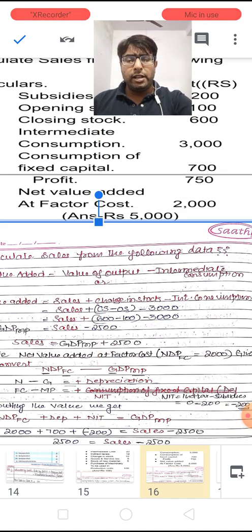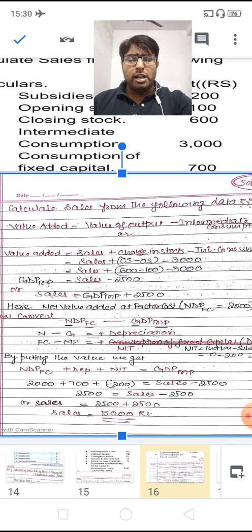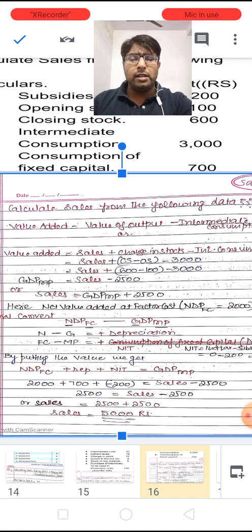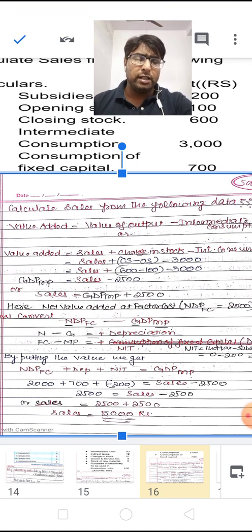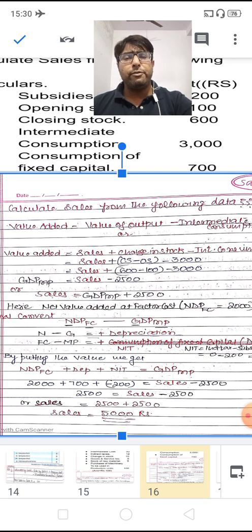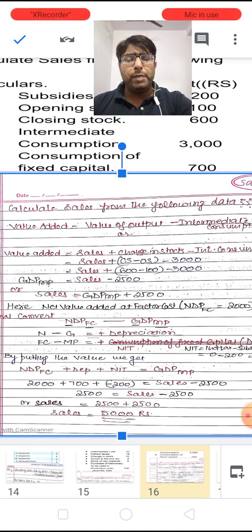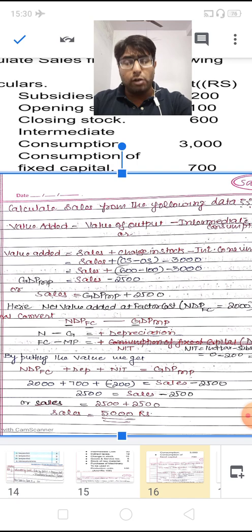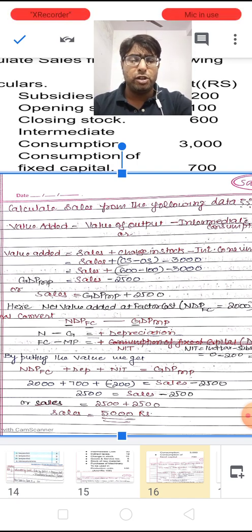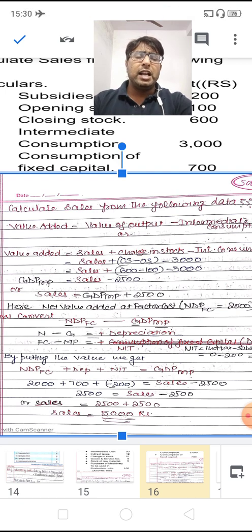So children, here just see downside, by putting the values we will get one equation. NDPFC, the value we already have with us, that is 2000, plus depreciation plus NIT, and we will get the value of GDPMP.